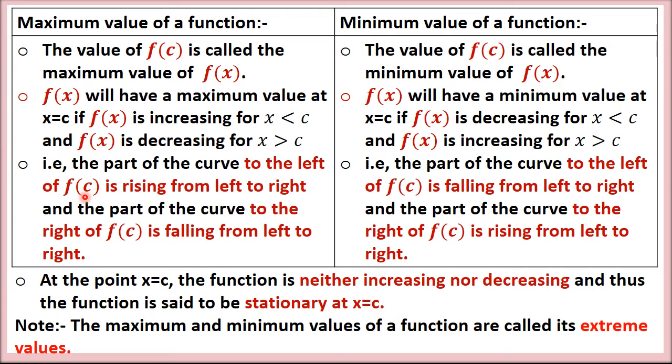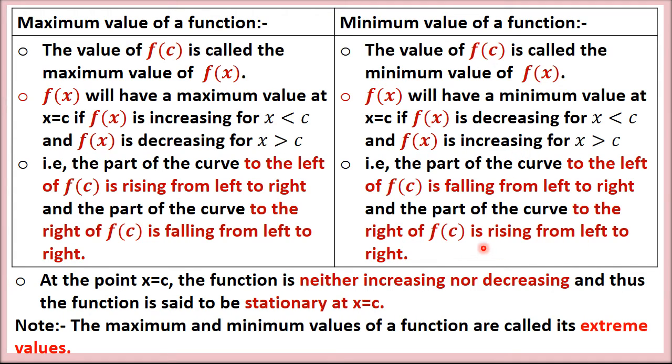Now minimum value: the value of f of c is called the minimum value of f of x. Now f of x will have a minimum value at x is equal to c if f of x is decreasing for x less than c. That means to the left of f of c the curve will fall from left to right till f of c, and to the right of f of c the curve will rise from left to right.